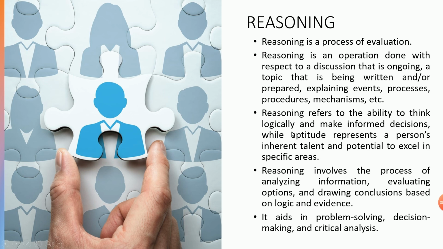While aptitude represents a person's inherent talent and potential to excel in a specific area, aptitude and reasoning are different. Reasoning clearly refers to the ability to think logically and make informed decisions.